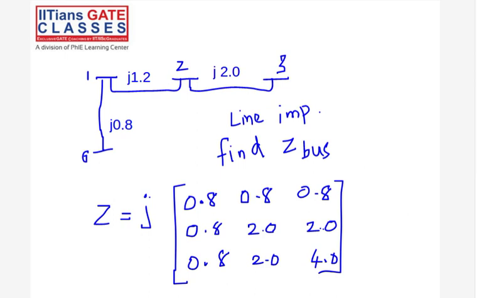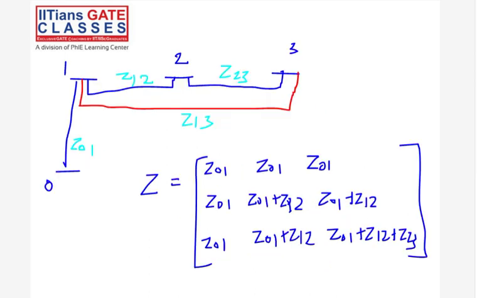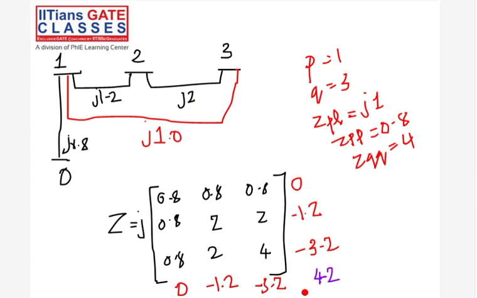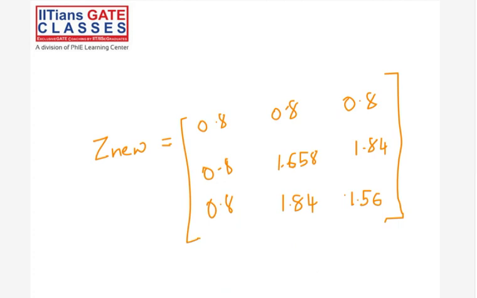So suppose you want to remove a transmission line. Suppose now we added this 1 3, right? Suppose we want to remove it. What we will do is, to this matrix, suppose now we have this grid and we are saying that we are going to remove this j 1.0. The Z bus corresponding to this was this.